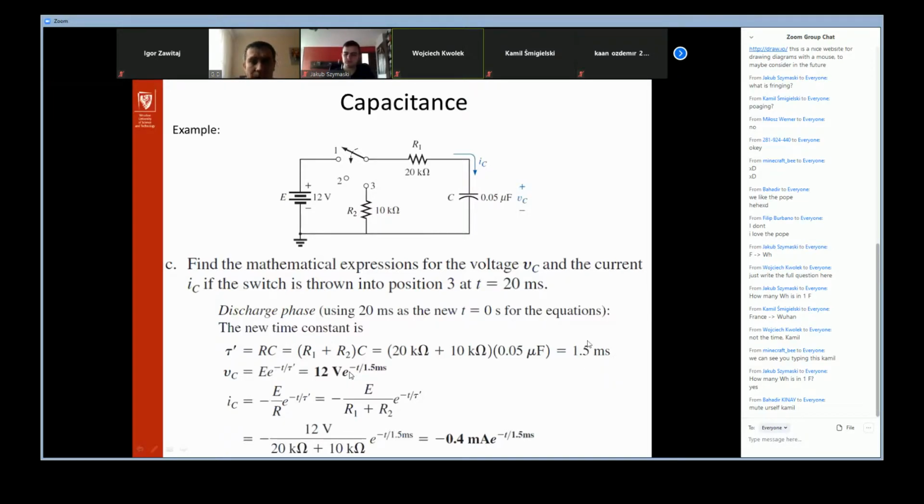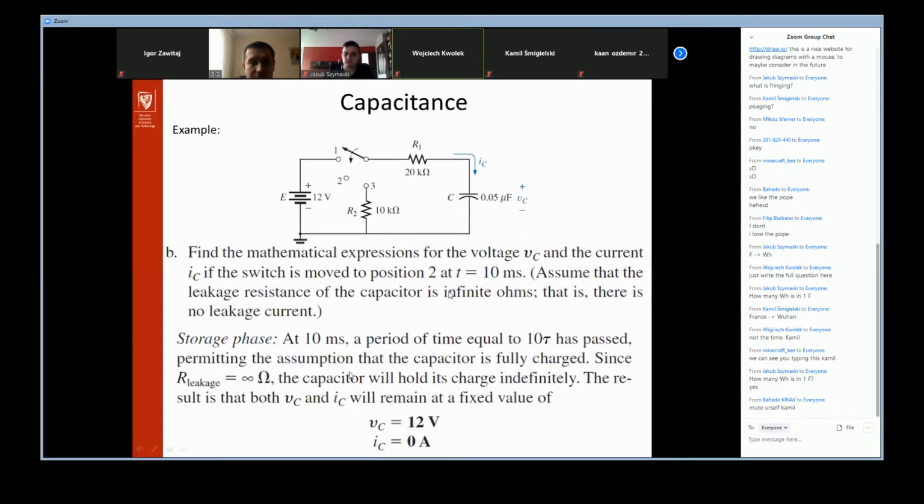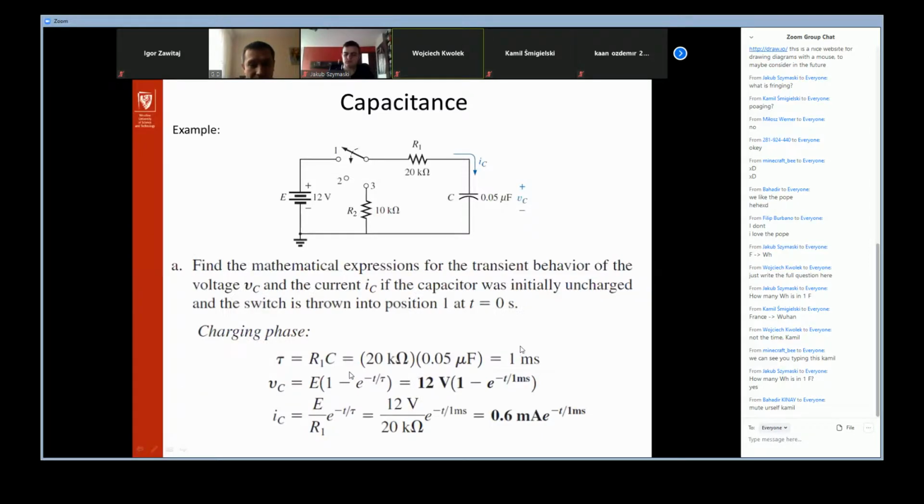Great. What about the VC? We know that the discharging process is given by a formula like that. The initial value is VC, and we know from the previous steps that the initial value is 12 volts. That's right. The maximum voltage drop was 12 volts.